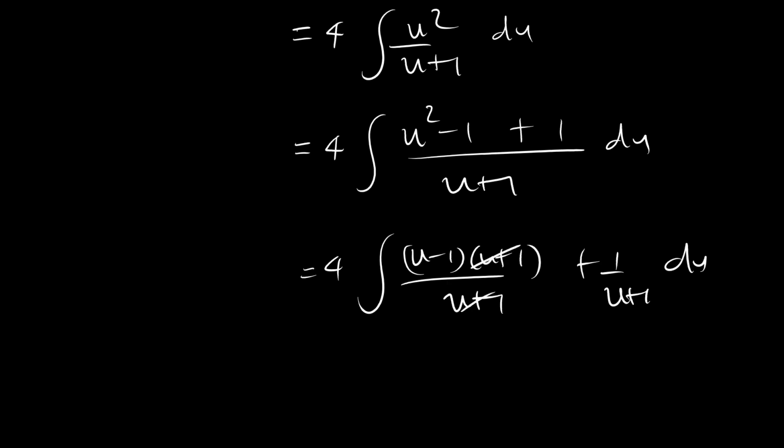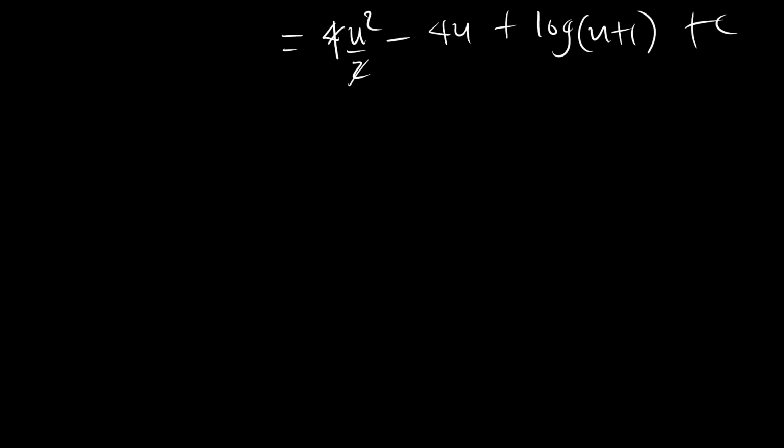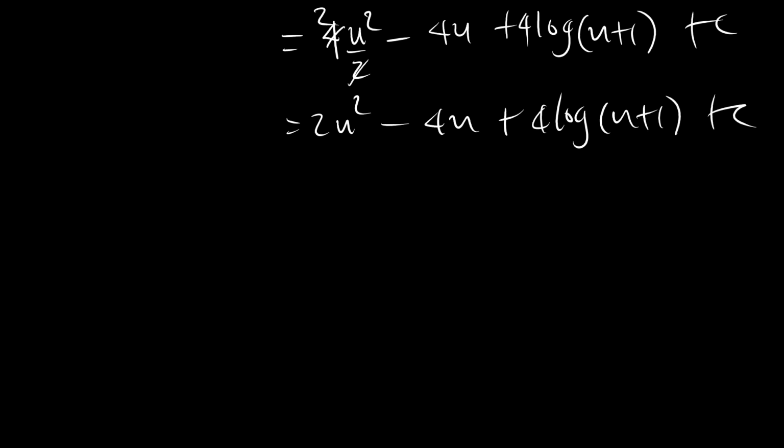See, this and that cancel, so we have the integral of u minus 1 plus 1 over u plus 1, which is equal to 4 u squared over 2 minus 4u plus 4 natural logarithm of u plus 1 plus c, which is 2u squared minus 4u plus 4 natural logarithm of u plus 1 plus c.